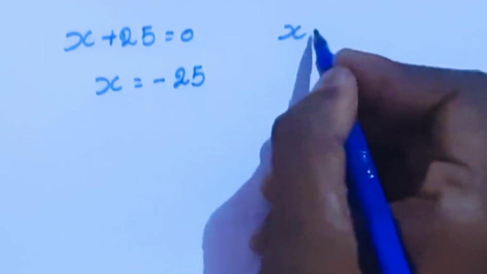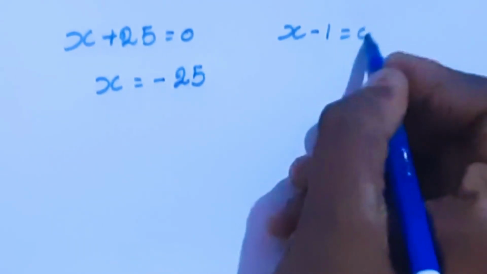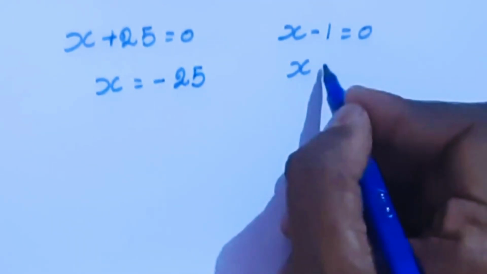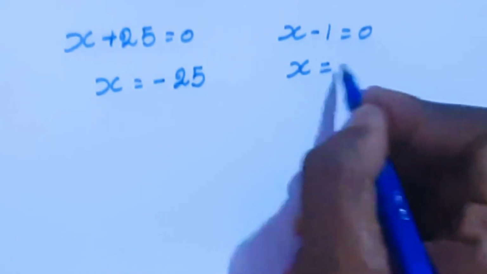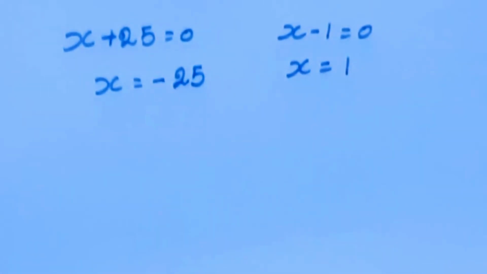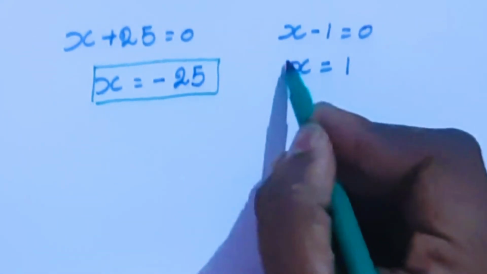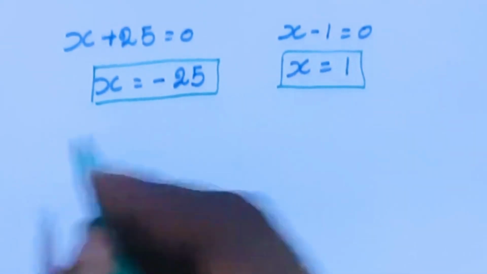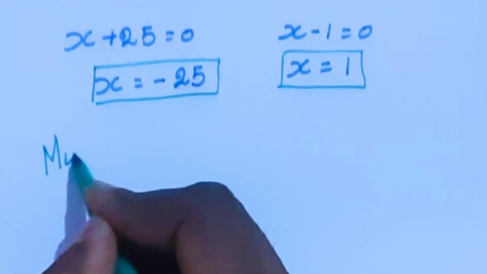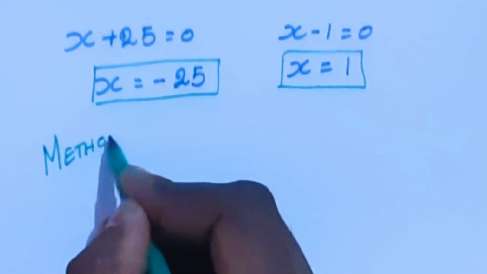In the other equation x − 1 = 0, so here x = 1. These are the two possible answers. Now we are going to find this in another method.